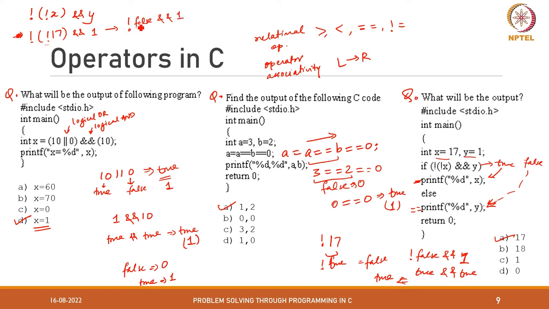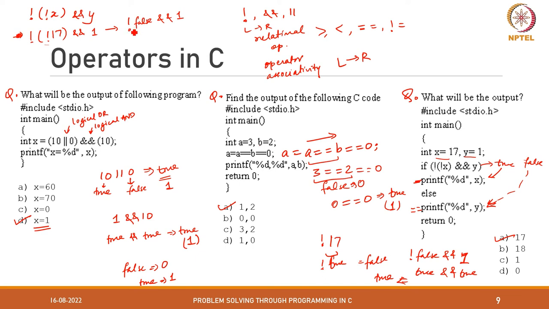Again we have the not operation here. Now operator associativity comes into place because these have the same precedence. These are all logical operators: the not operator, the logical and operator, the logical or operator. For these the associativity is from left to right. So the not operator will be evaluated first.